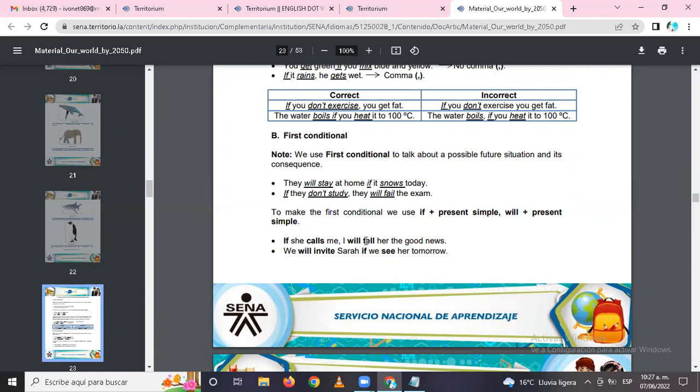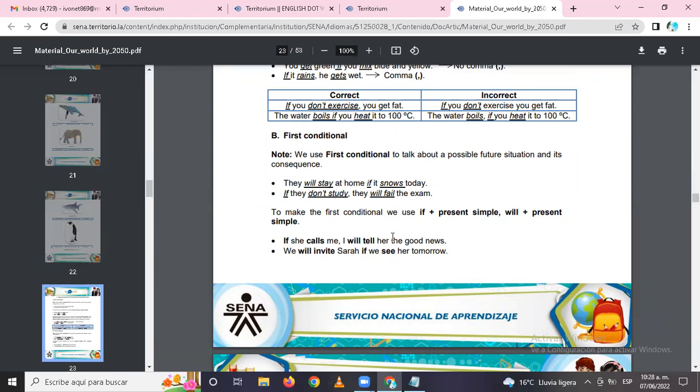Porque se podría decir, sí, después de will va el verbo en su forma presente, pero no es cierto, porque yo no digo aquí, if she calls me, she will tells, no. Entonces, por eso es una imprecisión. Aquí realmente lo que va es el verbo en infinitivo después de will. O sea, futuro con will. If she calls me, I will tell her the good news.